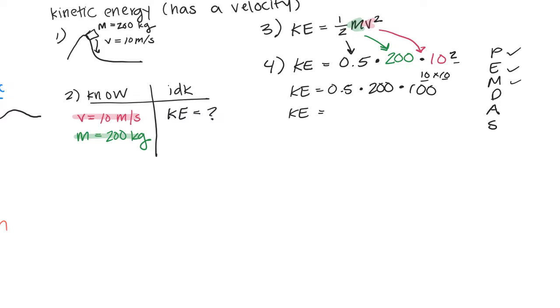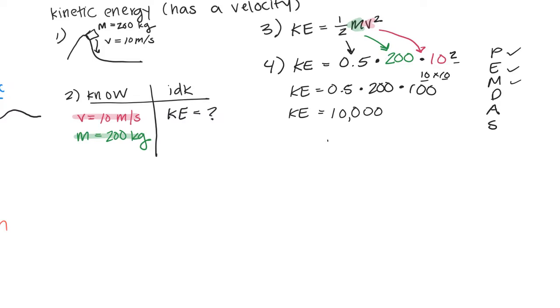All right, so we are going to actually end up with our final answer of 10,000, right? And we know that because 0.5 times 200 is 100.